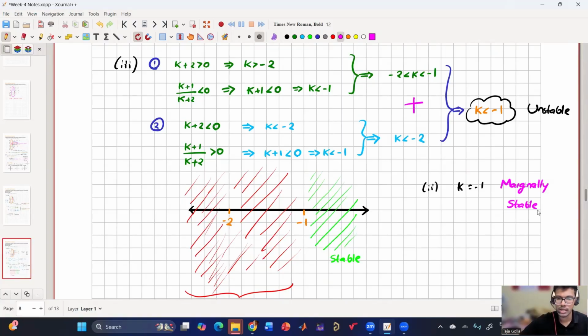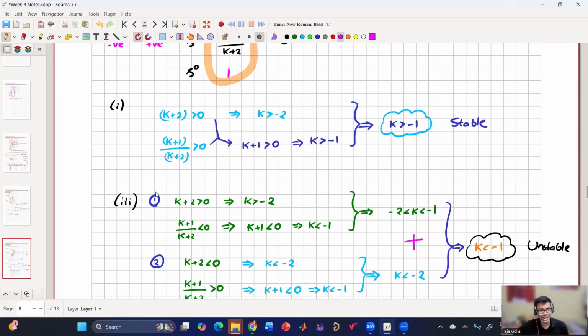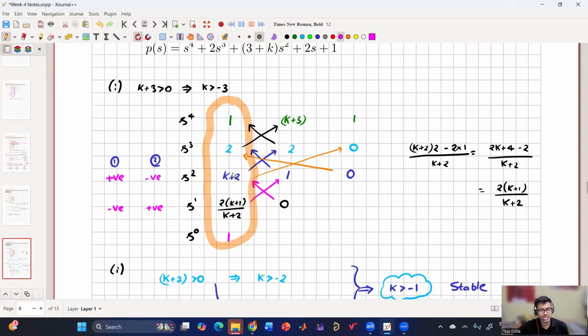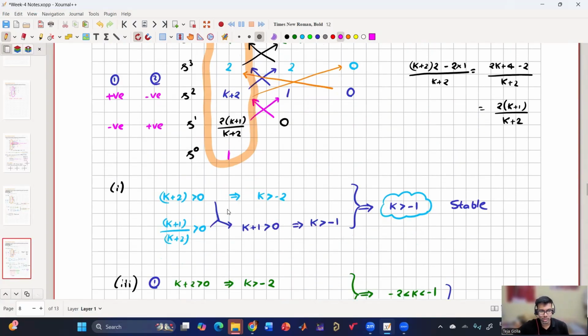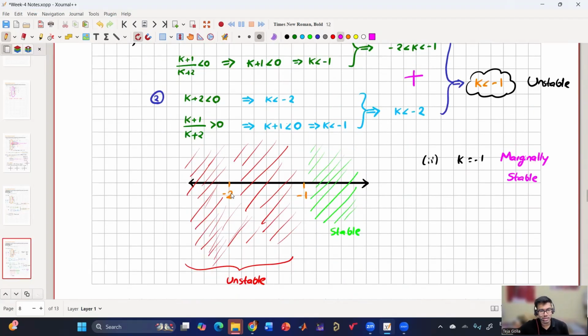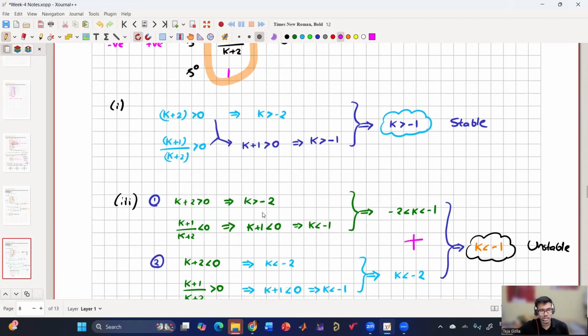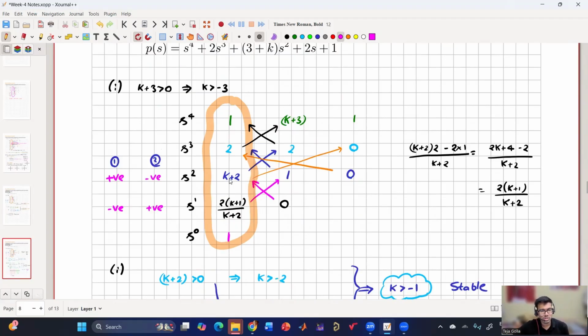So basically, if K is less than minus 2, then the second case will happen, which means this is negative and this will become positive. But if K is lying between minus 2 and minus 1, then this will become positive, this will become negative. So in this case, there are two roots on the RHP side because there are two sign changes. Again, in this also there are two sign changes, so two roots on the RHP.